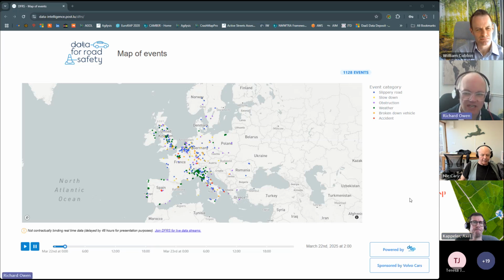Yeah, certainly. I know a little of the data for road safety legislation, effectively, isn't it? Because European countries and manufacturers are required to share information for a certain number of groups of incident types on the road network, slippery road, etc. I'm not aware of many people that have used it in anger.